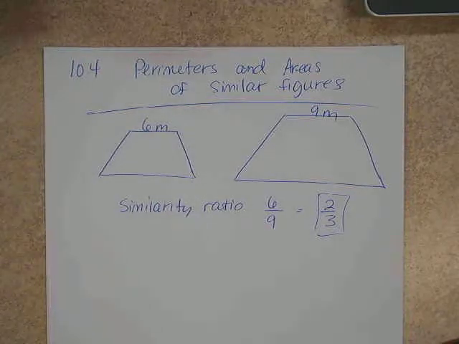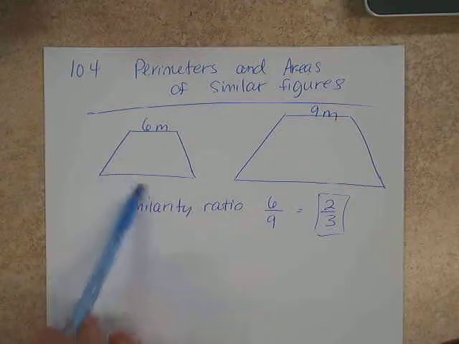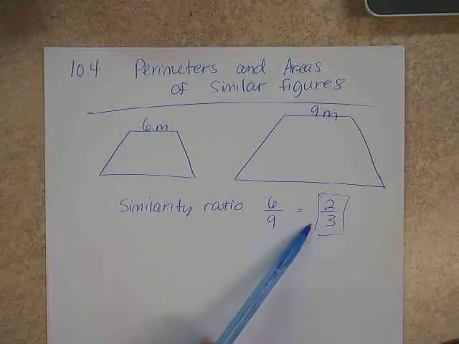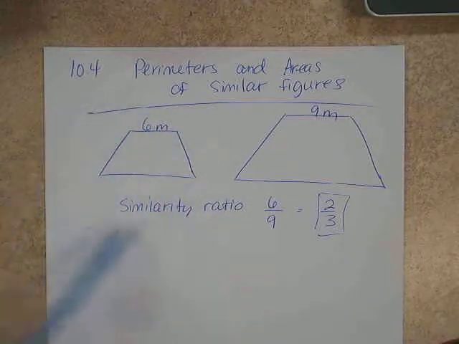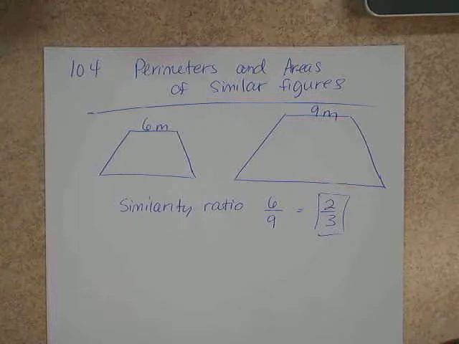Now, if I were to throw in the other sides, they're all going to be in that ratio, right? 2 to 3. So if I were to add up the length of the sides and get the perimeter, it's still length. The perimeter should be in the same ratio, 2 to 3.